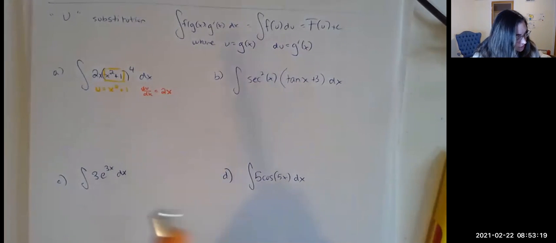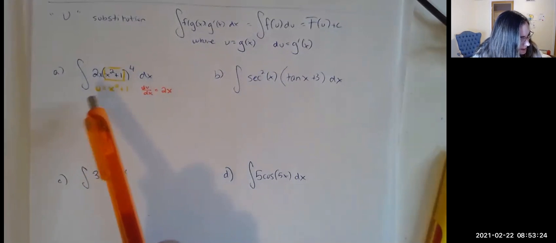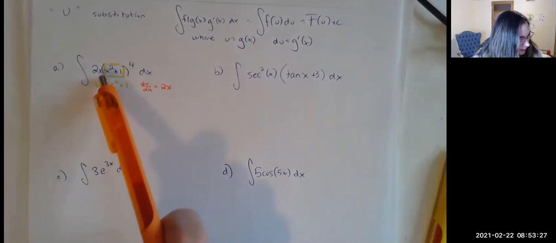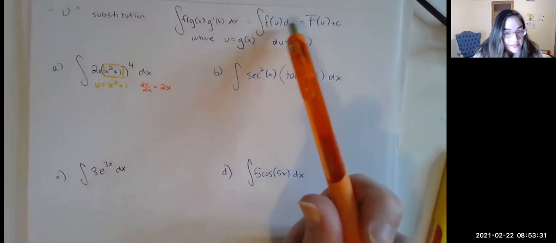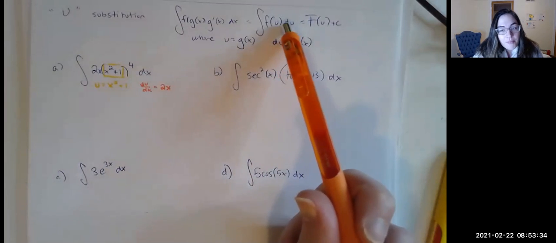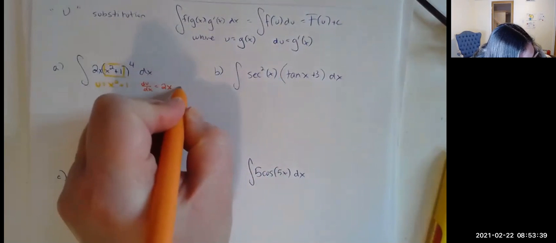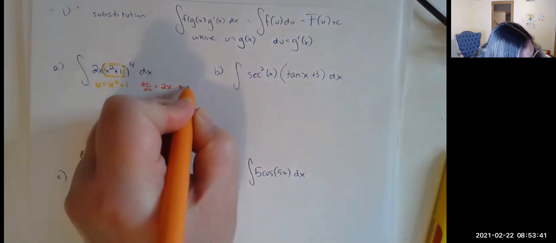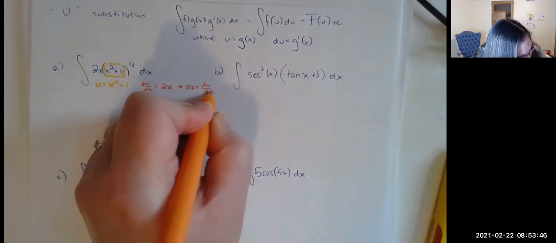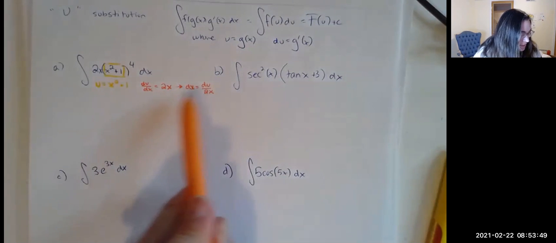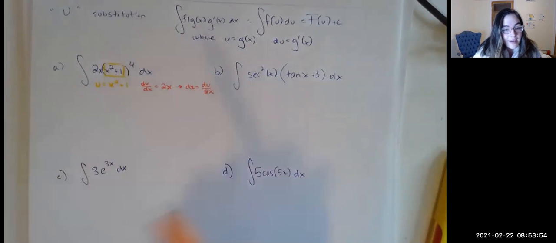All right, now I'm going to do a little bit of algebra, because I'm going to substitute in u for x squared plus 1, but I also want to substitute dx because I want to be taking the integral with respect to u. So I'm going to translate this into dx equals du over 2x. Right, so I'm just basically solving for dx there. So dx equals du over 2x. Okay, so now I have everything I need to substitute.